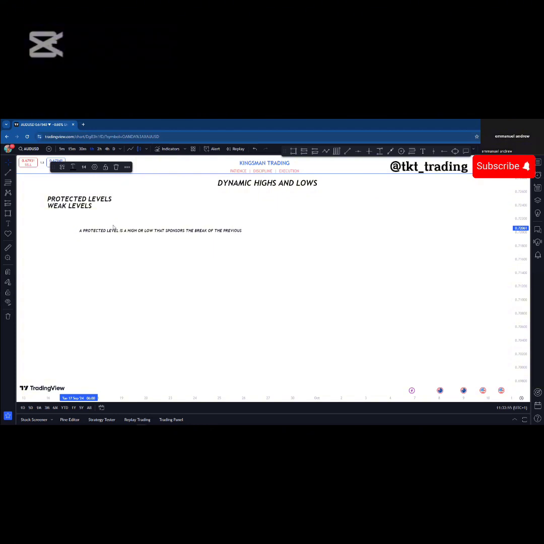And in other words, you could also say a protected level is a low that swept liquidity of the previous low. I'm just using low. It might either be a high or a low, but I'm using low for this tutorial.